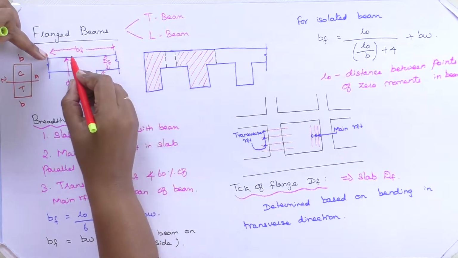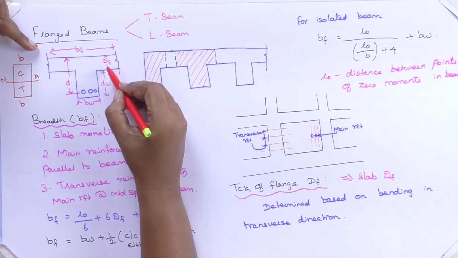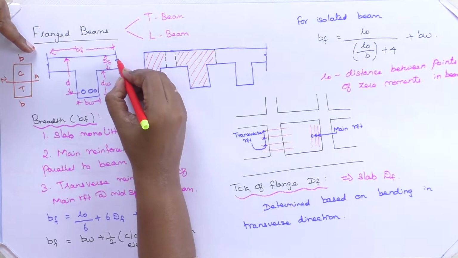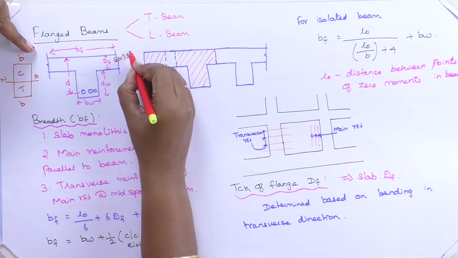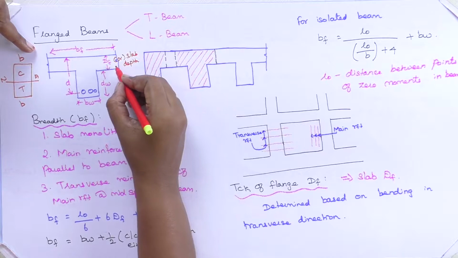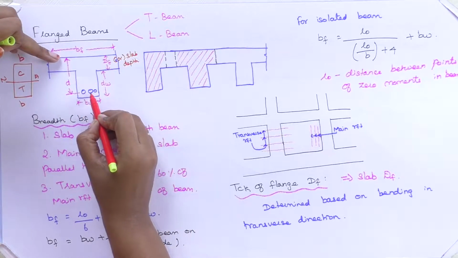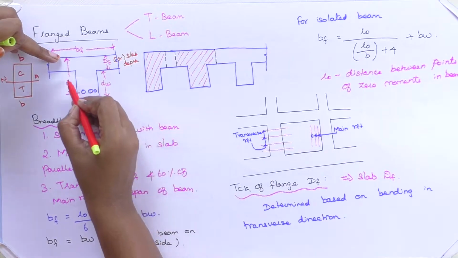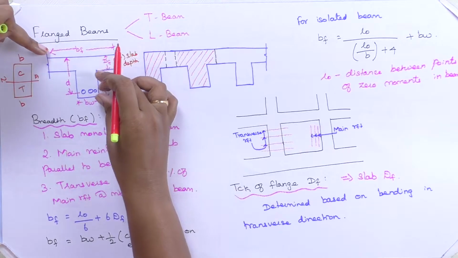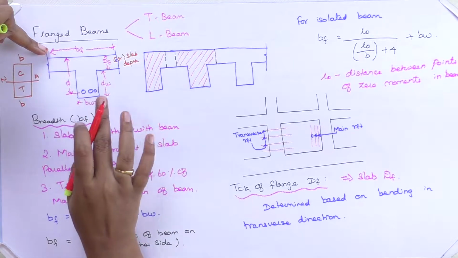That's why we use BF, the enlarged breadth, and DF, the depth of my flange, or the depth of the slab. Whatever slab depth you have provided, you can take it as DF for the beam also. Then up to the tensile reinforcement is the effective depth D. DW is the depth of the web portion alone, and BW is the breadth of the web portion.